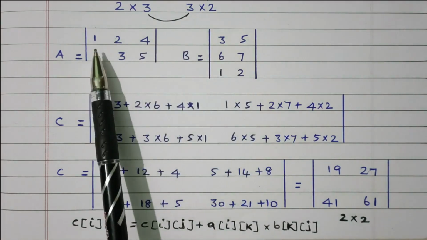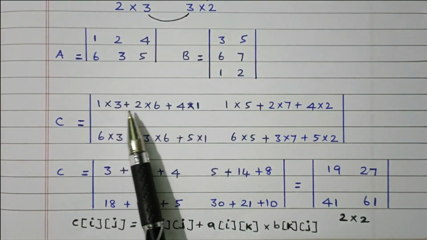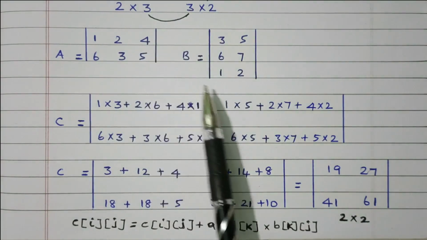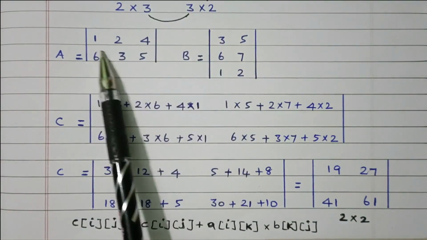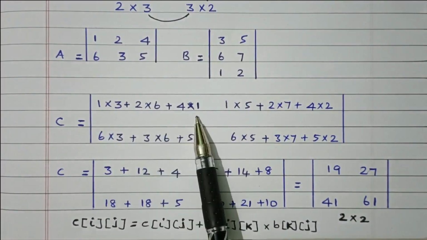How to multiply this? 1 into 3 plus 2 into 6 plus 4 into 1, right? These 3 column elements are multiplied with these 3 row elements and added together.